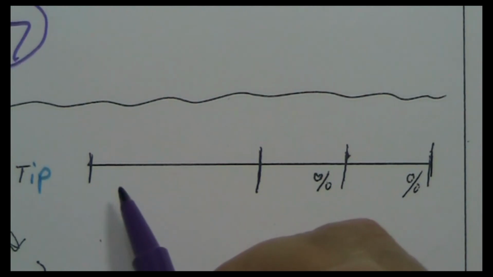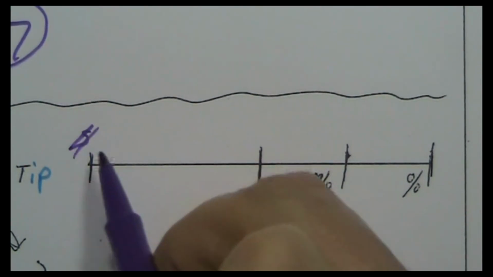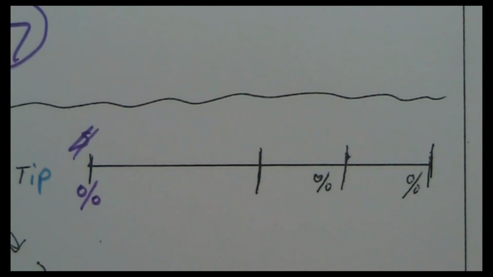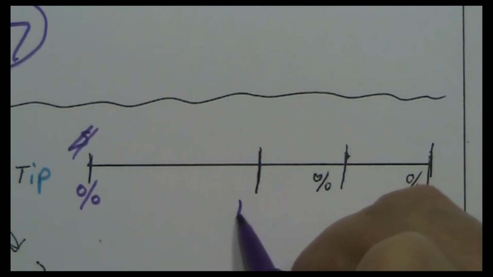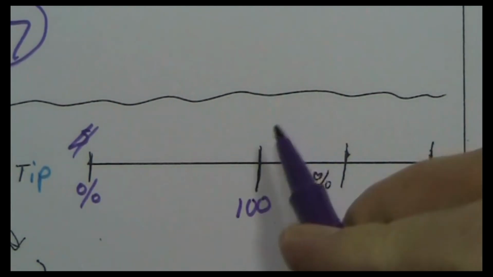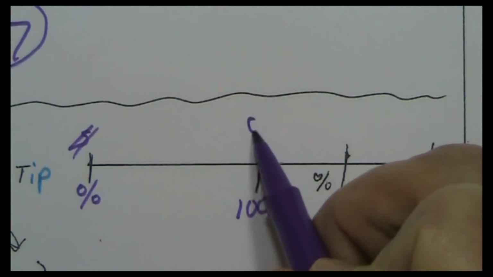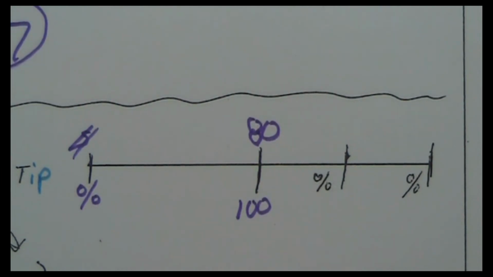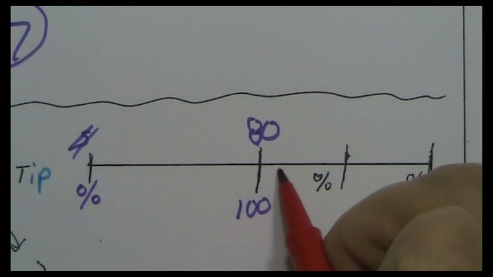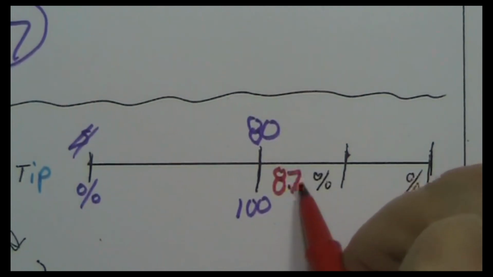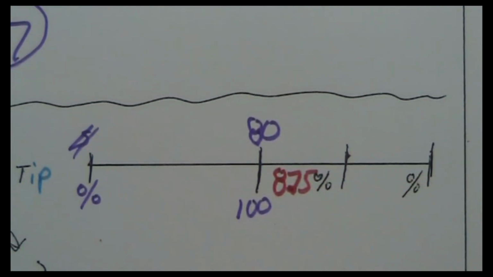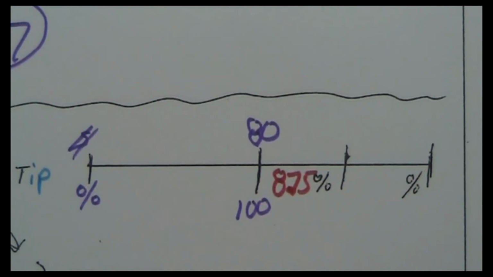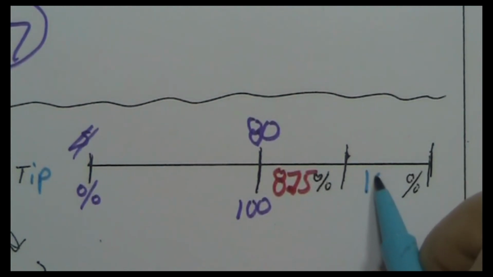Let's look at the model real quick. Money, percent, and let's say this is 100%. And remember, it costs us $80. But there is some tax involved, and that tax is 8.75%. We're going to have to add it to it. And there's also a tip, and the tip is 15%.